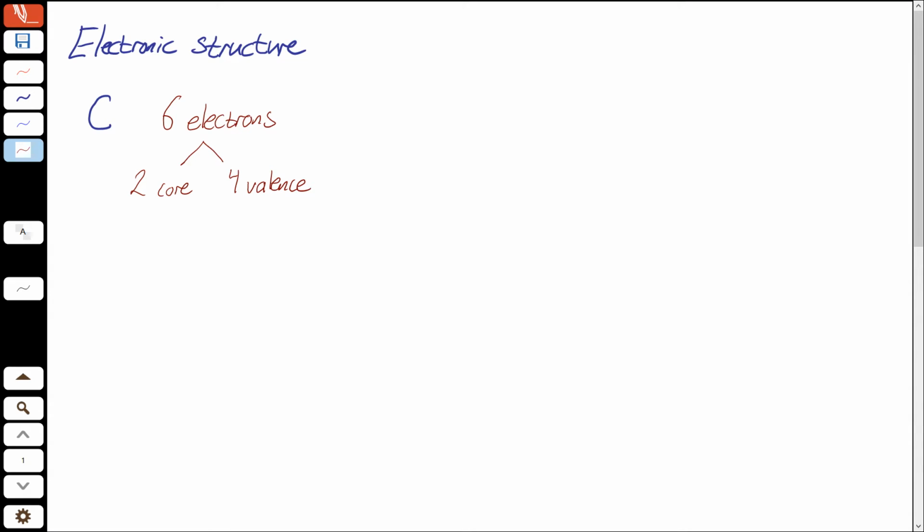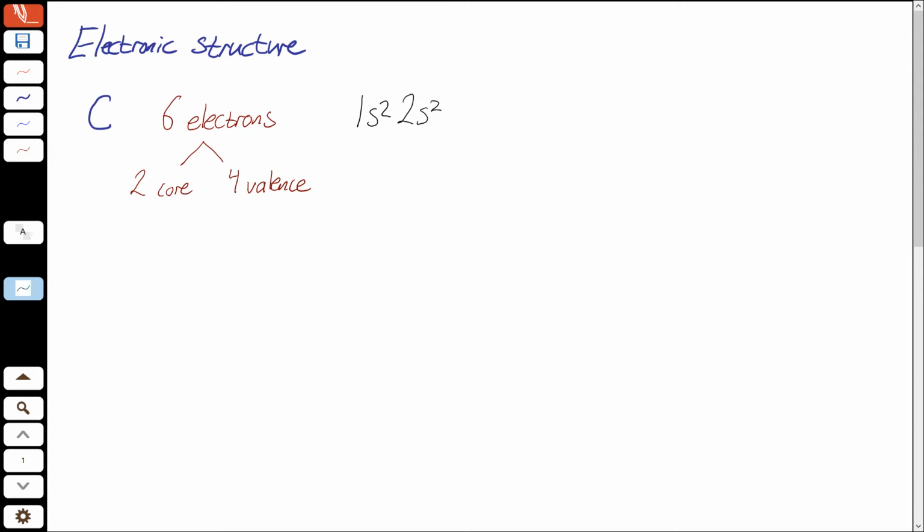All right. And then we can further talk about the specific electron configuration of those 6 electrons. Anybody want to give that a shot? What's the electron configuration of a carbon atom? 1s2, that's a good start. Yep. 1s2, 2s2.